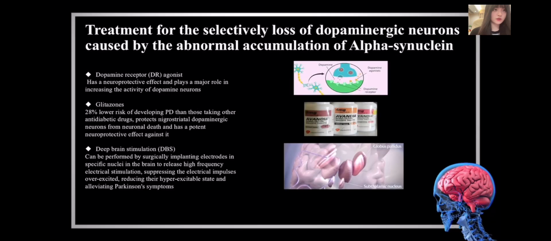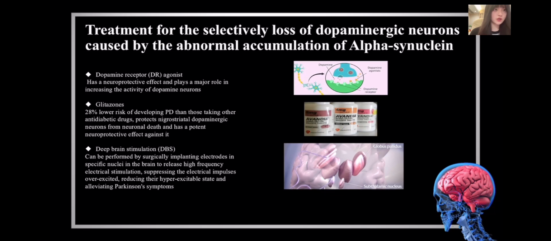In the section on the treatment for the selective loss of dopaminergic neurons caused by the abnormal accumulation of alpha-synuclein: currently, dopamine receptor agonists are the most commonly used treatment for the selective loss of dopaminergic neurons triggered by the abnormal accumulation of alpha-synuclein. It has a neuroprotective effect and plays a major role in increasing the activity of dopamine neurons.